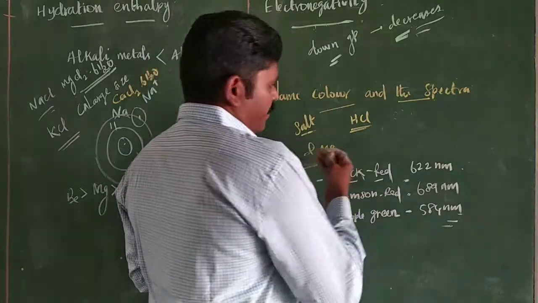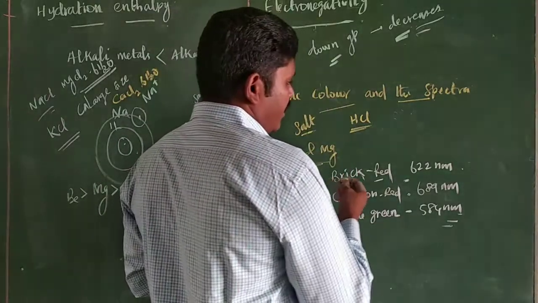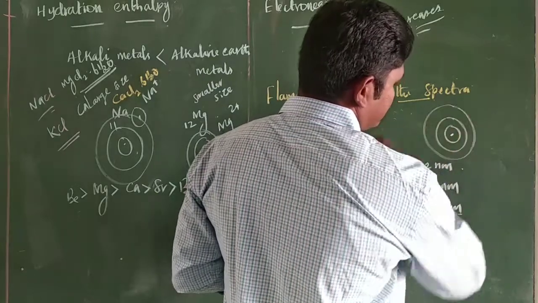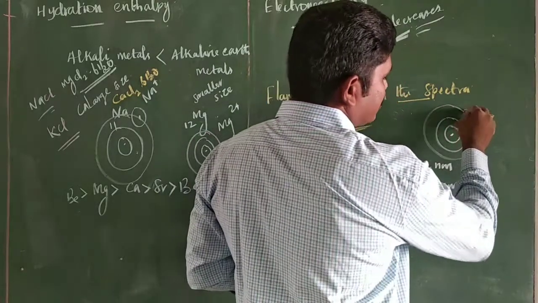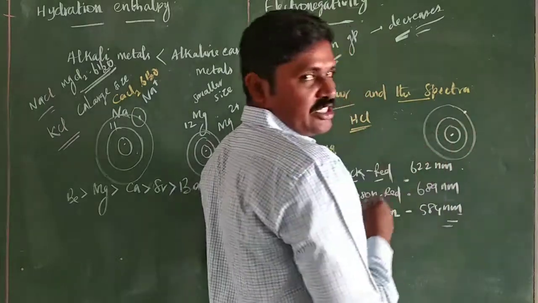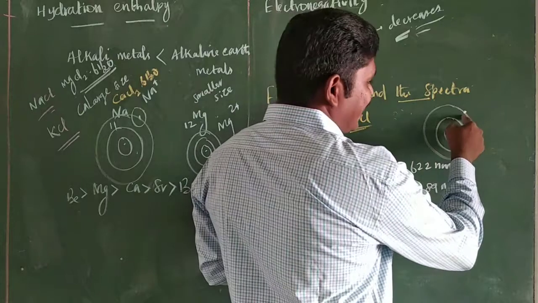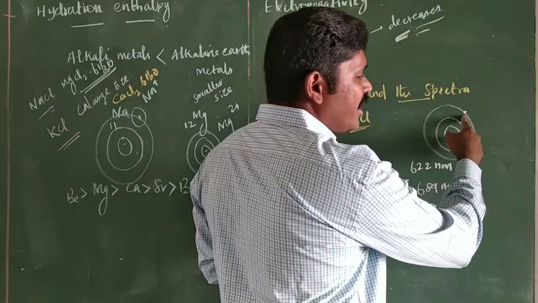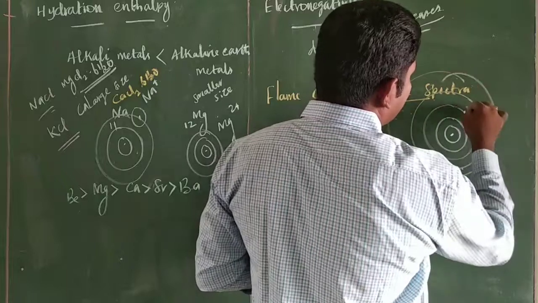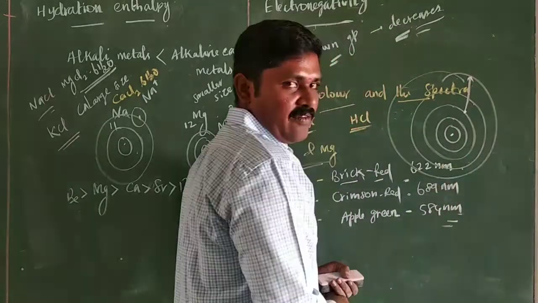In the flame, the valence electron absorbs heat energy and is transferred to a higher energy level.